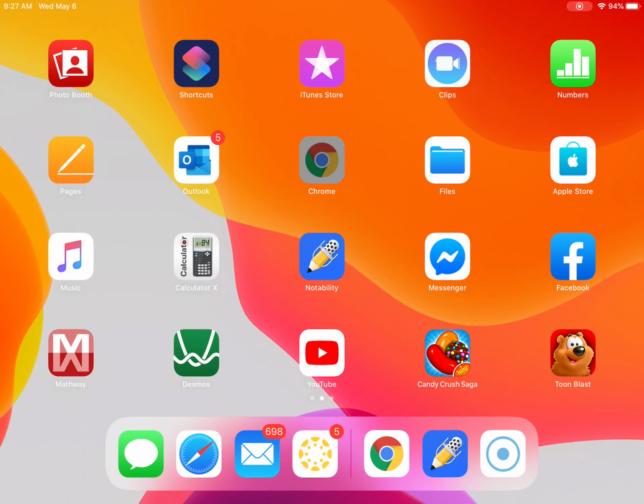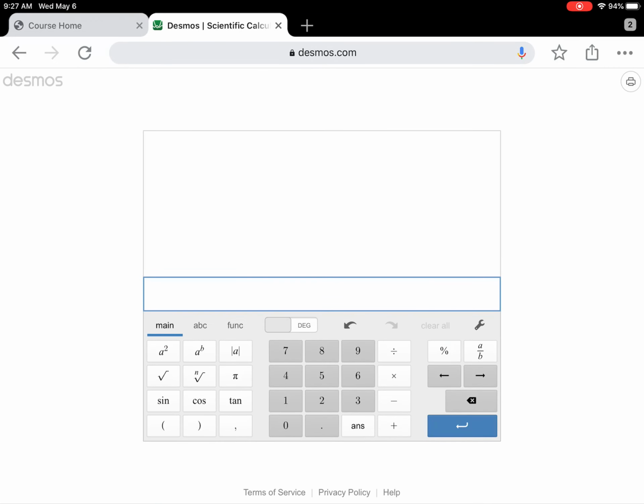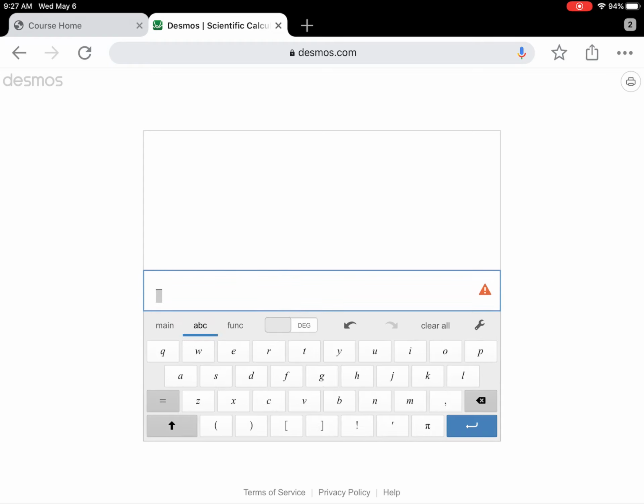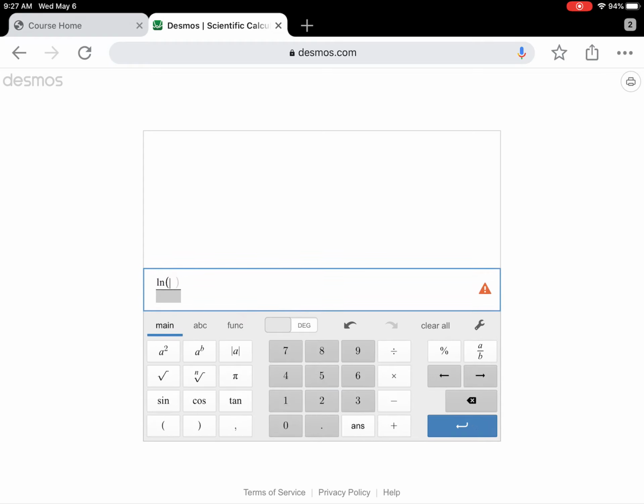And that's going to be approximately how many years? Let's go ahead and type that in. 400,000 divided by 3. Clear all. So I'm going to type in a natural log of 400,000 divided by 3, and then we're dividing that by 0.151.